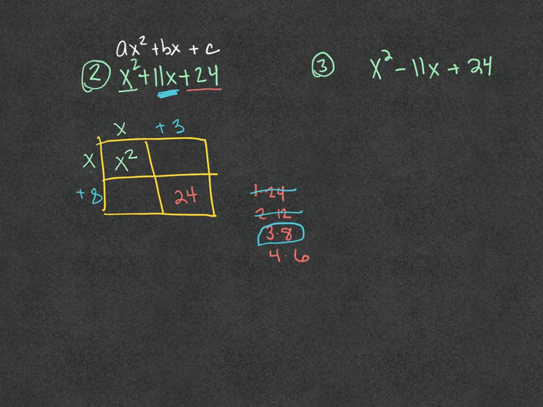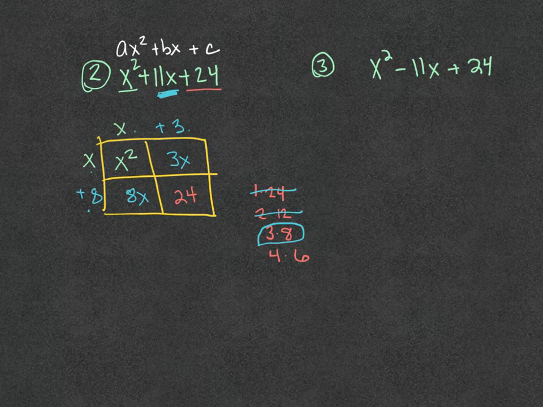If I were to multiply this times this, that would give me a positive 3x. And this times this would give me a positive 8x. Now let me see if this works backwards when I combine my like terms. Here's my x squared. When I combine these, 3x and 8x, that's going to make 11x right there.